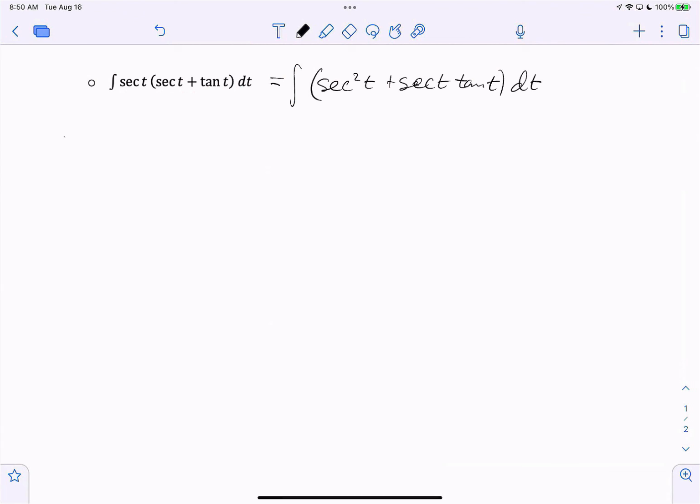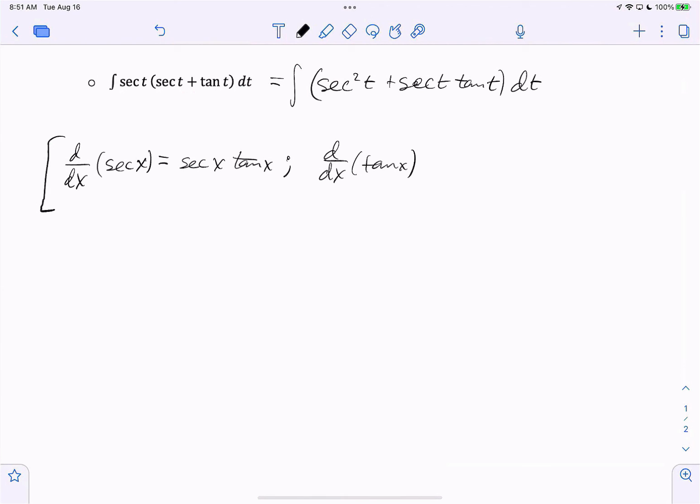Now, we're looking for an antiderivative. And so we're going to recall that the derivative with respect to x of the secant of x is equal to the secant of x times the tangent of x. And the derivative with respect to x of the tangent of x is equal to the secant squared of x. Therefore, when I need to find the antiderivative of the secant squared of t, that's going to be the tangent of t, right?